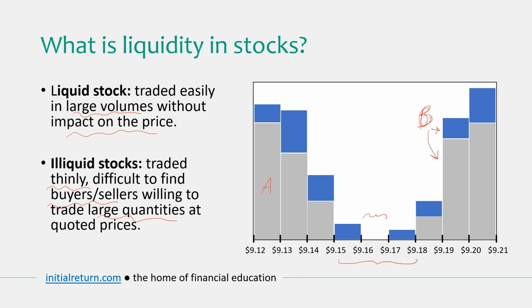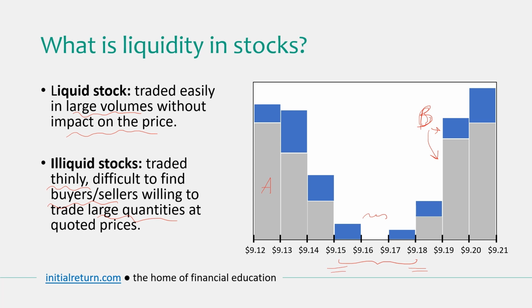So both the bid-ask spread and the depth of order book are aspects of liquidity. You might wonder why. For example, bid-ask spread represents a round-trip transaction cost. If you purchase A immediately at 9.18, because this is the lowest ask, and you immediately sell it back, you can only sell it back at the highest bid, which is 9.15.